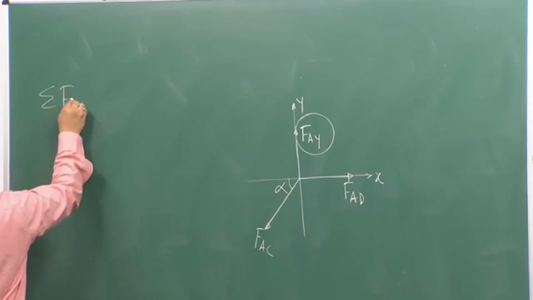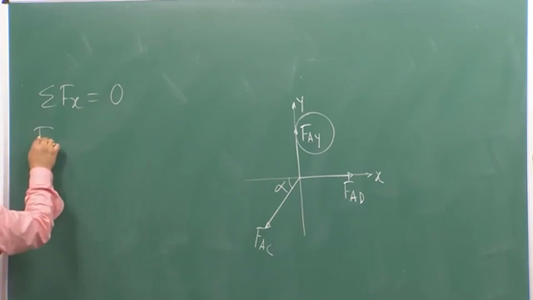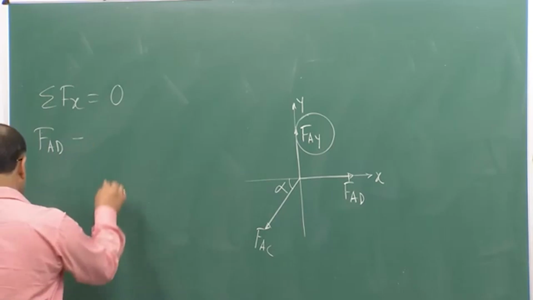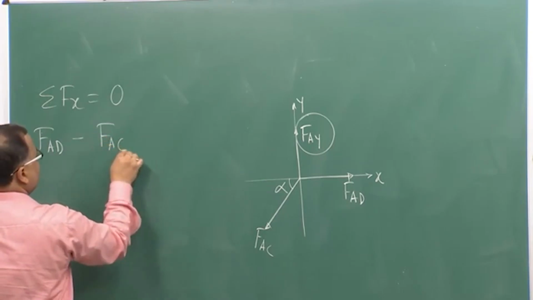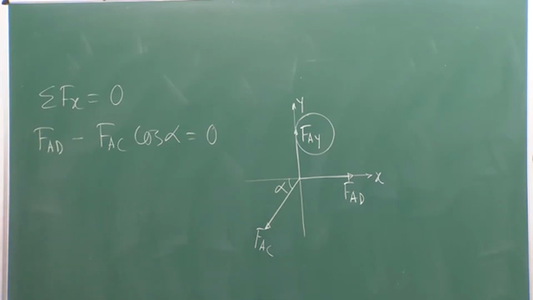So, first we are considering summation of Fx equal to 0. So, what are the forces acting in x direction? FAD along the x direction minus FAC cos alpha is 0. Okay.